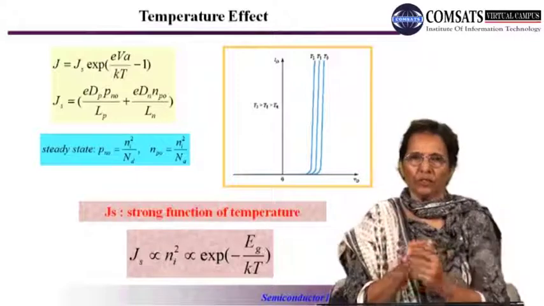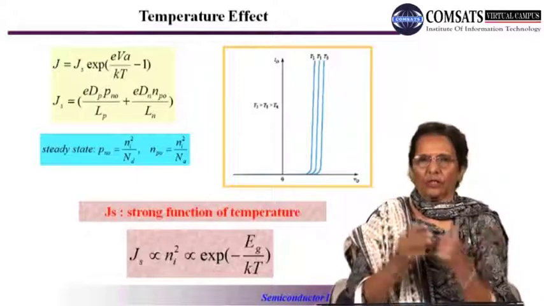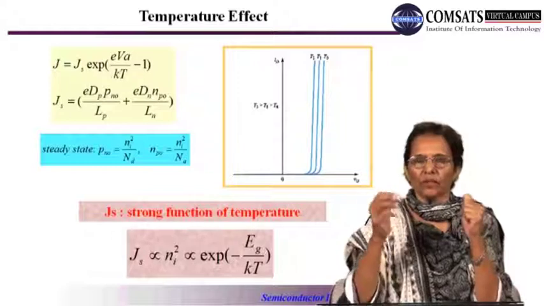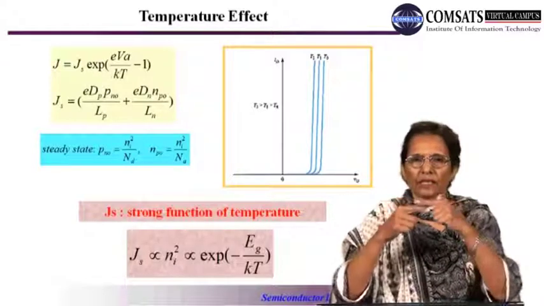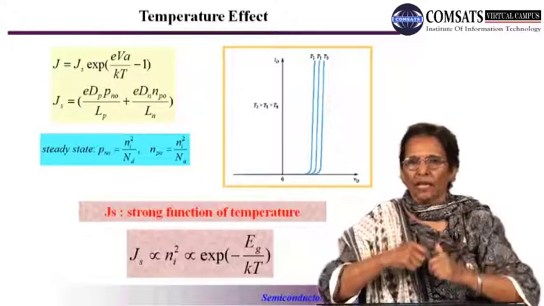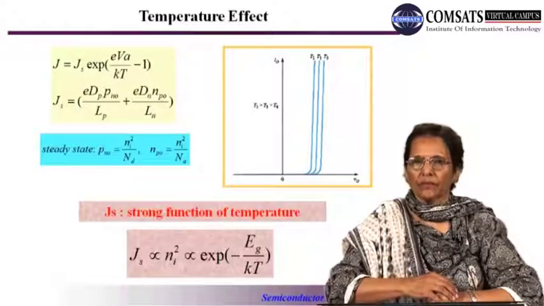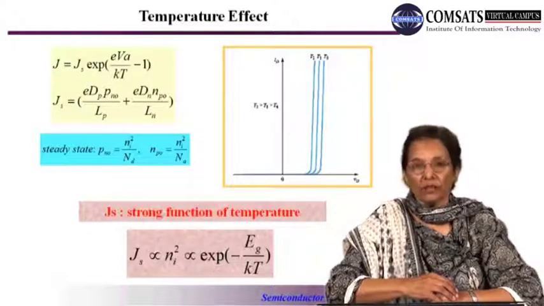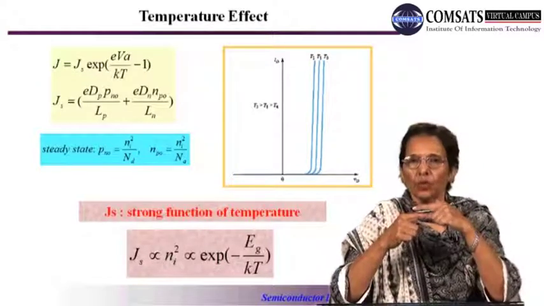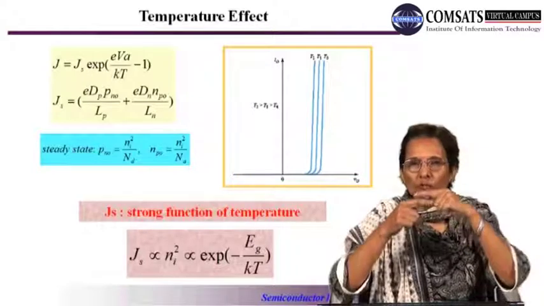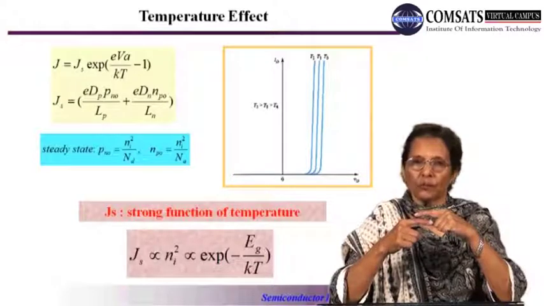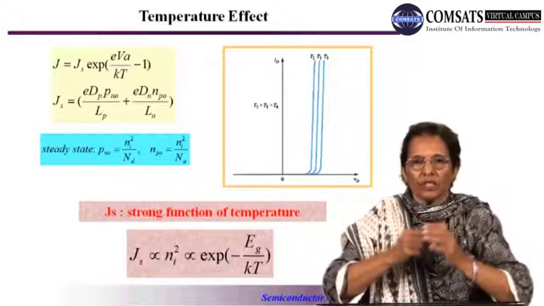Please try to visualize a crystal structure in which covalent bonds are formed. This is a silicon atom, this is a neighboring silicon atom. Their electrons are bonded through covalent bonds. If you increase the temperature, then you can imagine that in a crystal in which the electrons are bonded through covalent bonds, the bonded electrons would receive a larger amount of thermal energy as the temperature is increased.